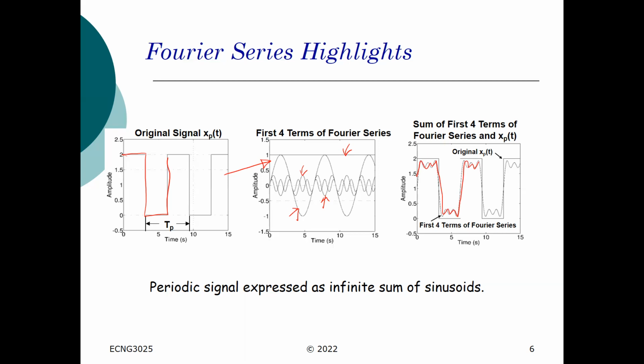The problem, of course, is that in order to fully represent this, we need an infinite number of these. But if you were to go to infinity, you would be able to go from the time domain into this domain, which is showing you the frequency information, basically.